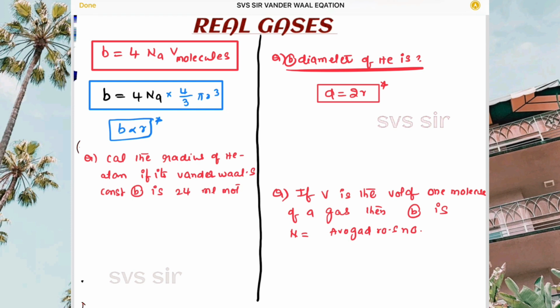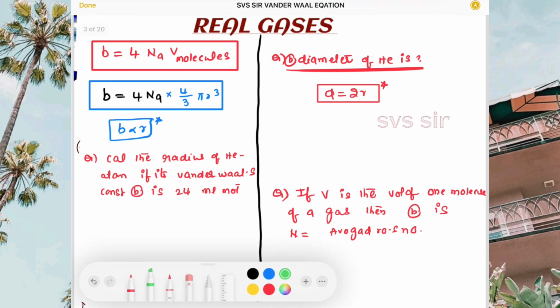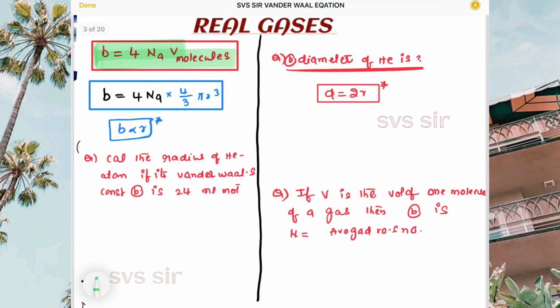Next one, let us take b. b is very, very important. It is 4 times the volume of the molecule. This is very important for the calculation part. Generally in NEET we don't get questions on this, but in Mains and Advanced level we will get questions.